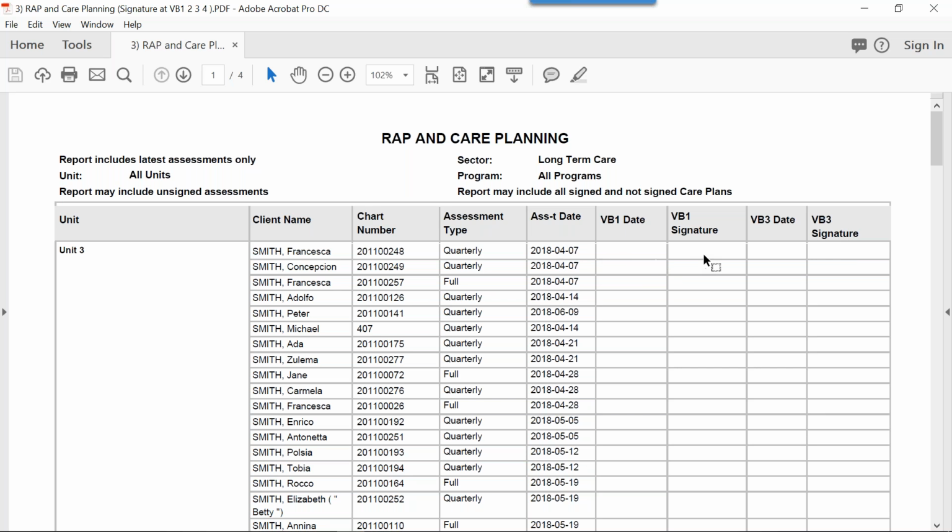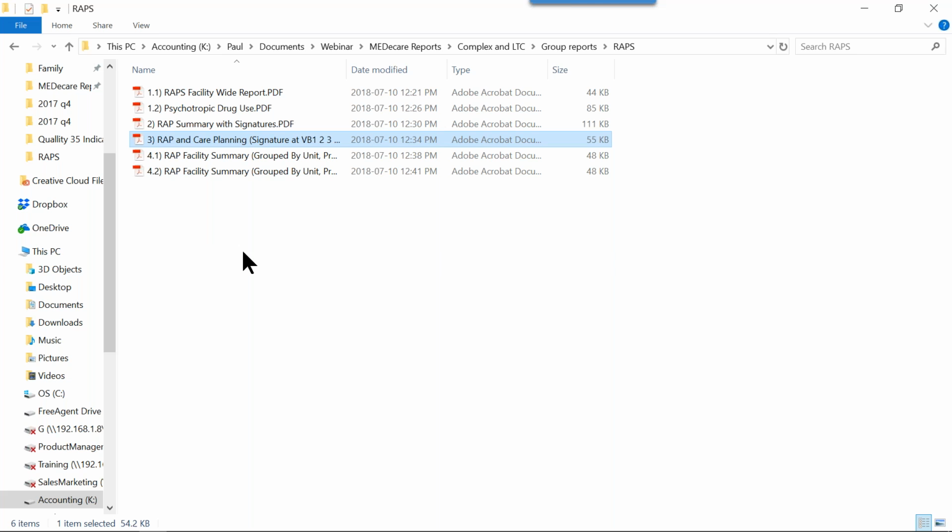And this also lets you check that the signature date for the wrap is happening within the required number of days after the assessment reference date. And we know for quarterlies and fulls, that's a 7-day window. Okay, so that's the wrap with the care plan on the overall signature.